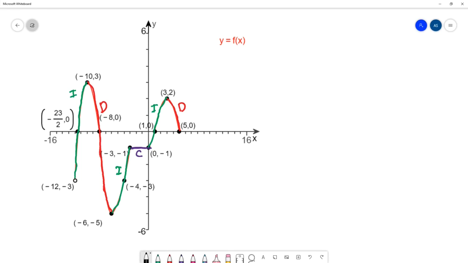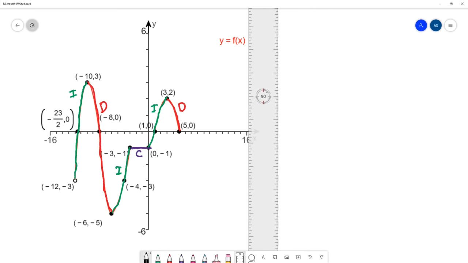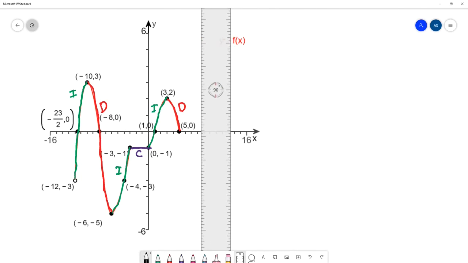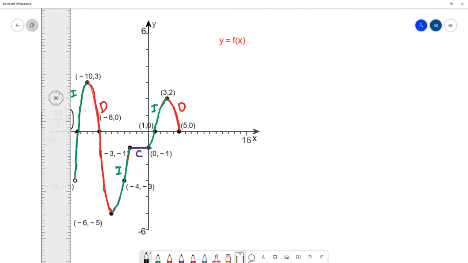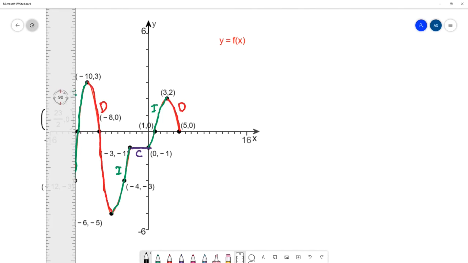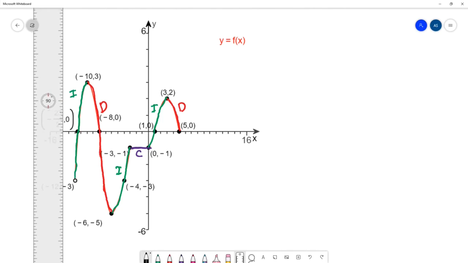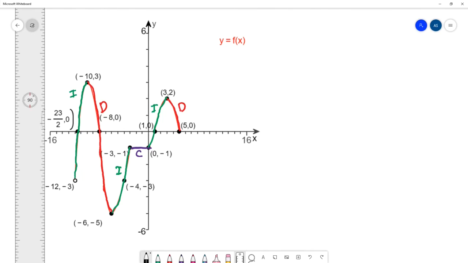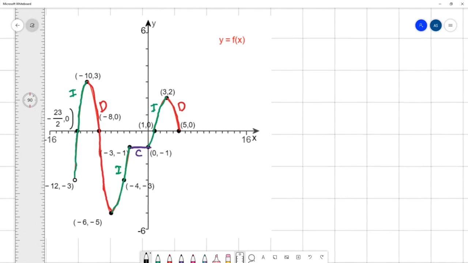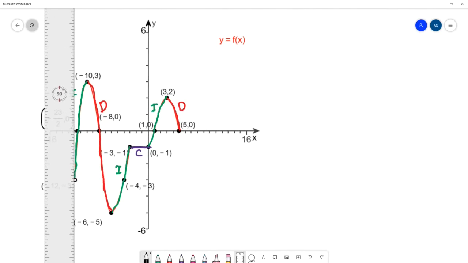So I'm going to bring my ruler and hold it vertically because I want to write x's down. And I want to write this interval of increasing. We're using x's, so we're going to start our increasing interval at -12.